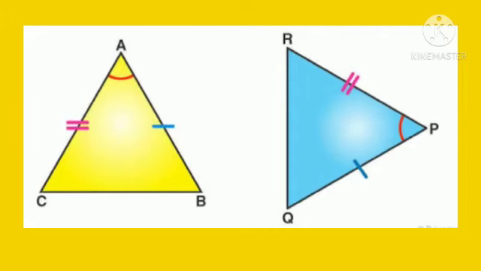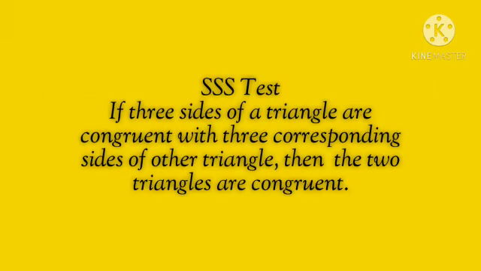For example, in triangle CAB and triangle RPQ, if length of CA is equal to length of RP, length of AB is equal to length of PQ, measure of angle A is equal to measure of angle P, then triangle CAB is congruent to triangle RPQ by SAS test.